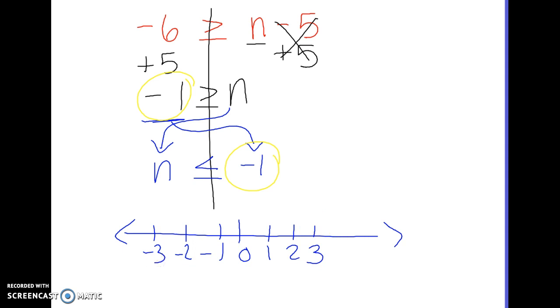Since n could be equal to -1, I'm going to put a closed circle. And then I'm going to point it towards where the numbers are less than -1. -3 is less than -1, so I'm going to point my arrow towards -3. This is solving one-step inequalities with addition and subtraction.